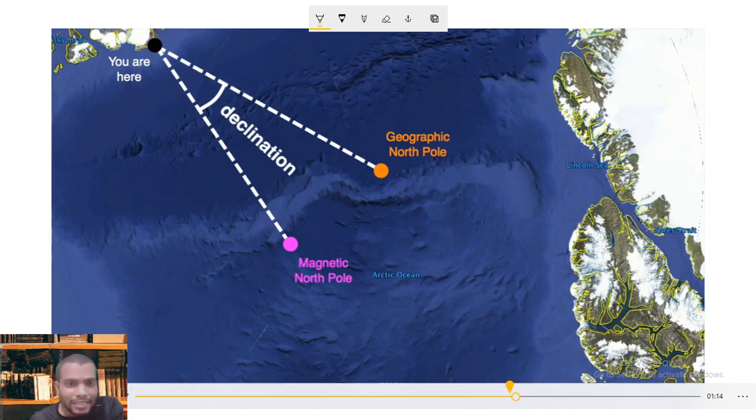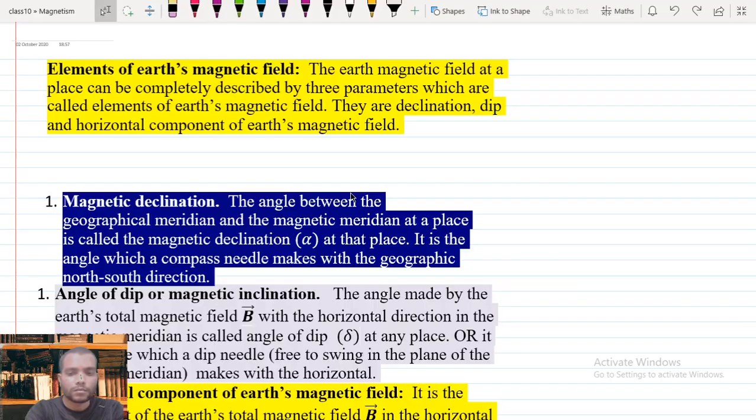Let us try to get an expression for the magnitude of the magnetic field by relating the elements of the Earth's magnetic field. The Earth's magnetic field at a place can be completely described by three parameters: magnetic declination, angle of dip, and the horizontal component of the Earth's magnetic field.